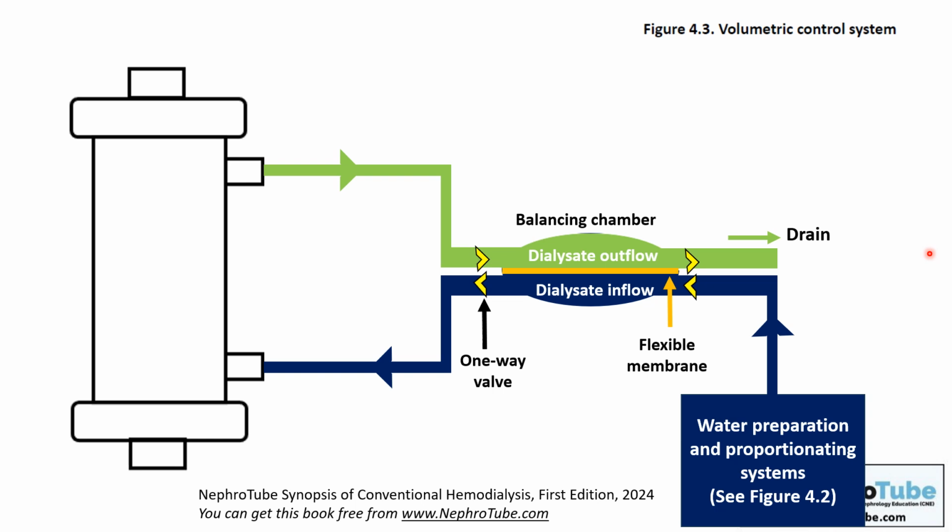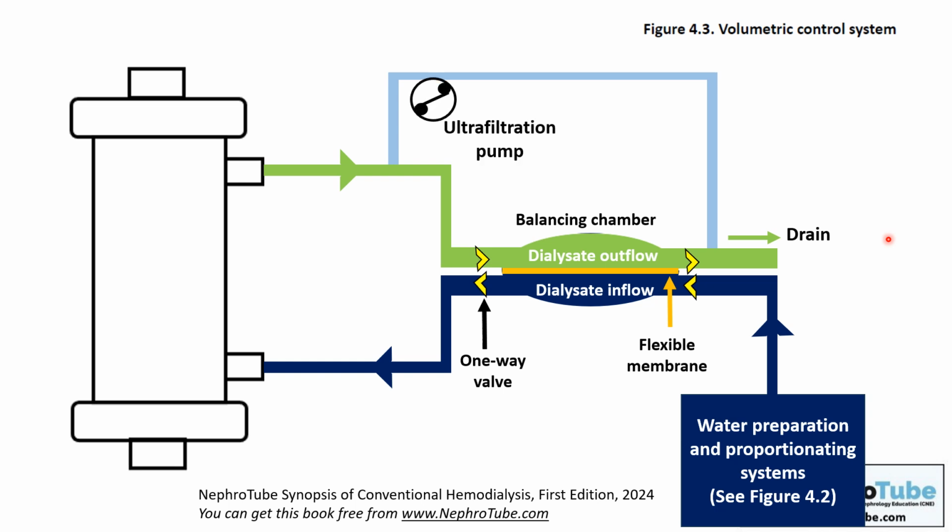The second part of the volumetric control system is the ultrafiltration controller. Here, there is a separate side line diverging from the dialysate outflow to the drain directly, and this diverged line contains the ultrafiltration pump. This ultrafiltration pump will take the amount of the ultrafiltered fluid from the outflow directly to the drain.